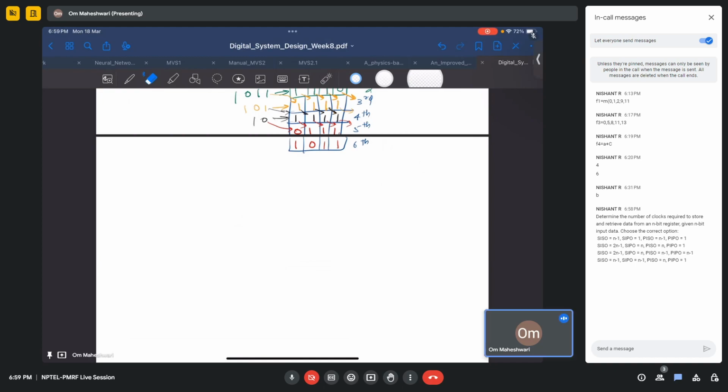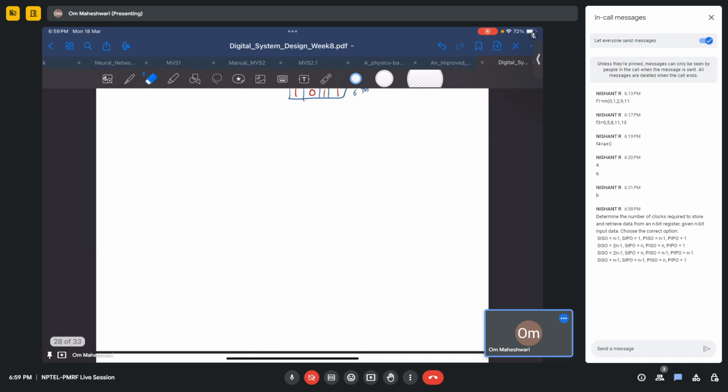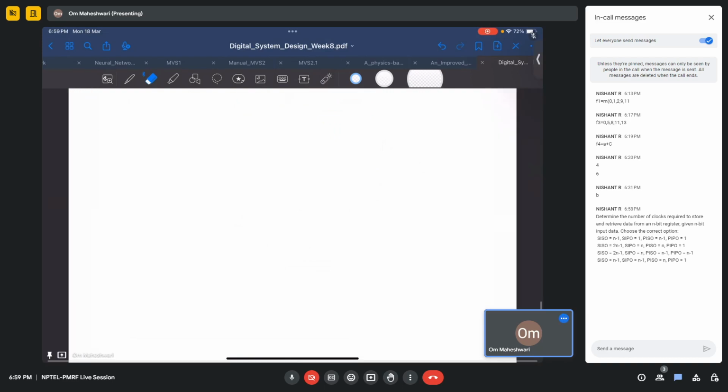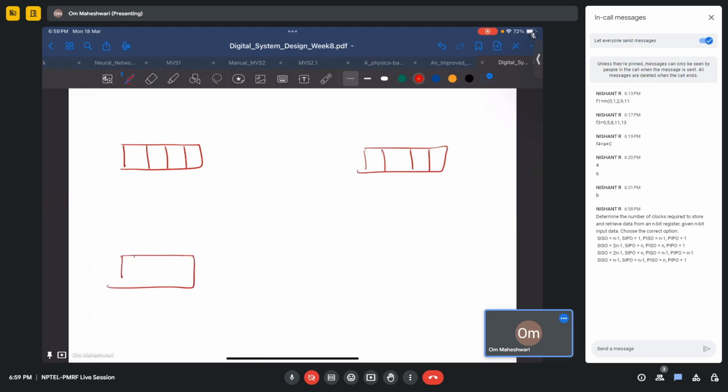Okay, so let us see. We have four kinds of registers. Let us take a 4-bit register example. First is SISO, serial input and serial output.